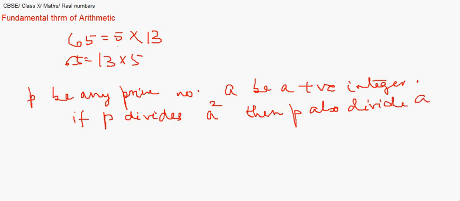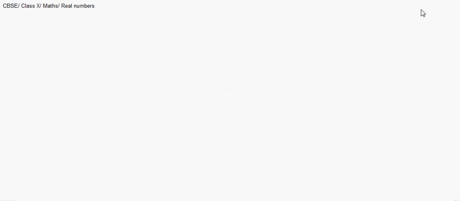I will now take up a couple of questions on the first one, the fundamental theorem of arithmetic, then we'll learn about the application. I move on to another screen first, because I was not able to fit one question here.